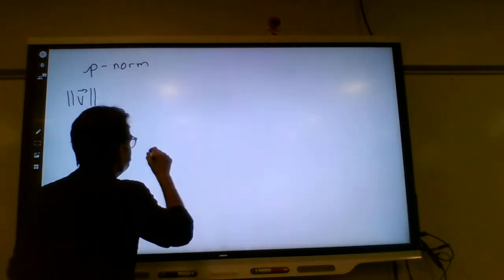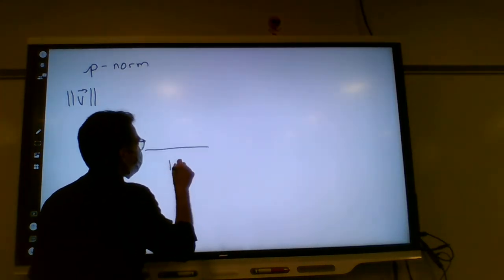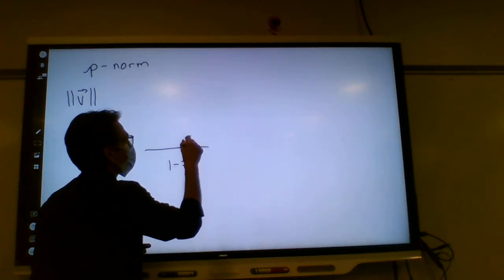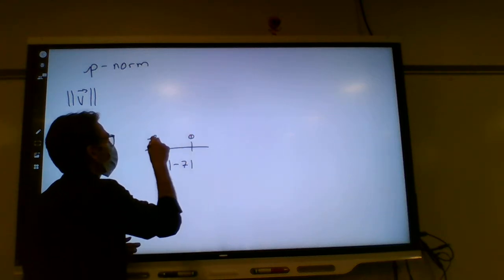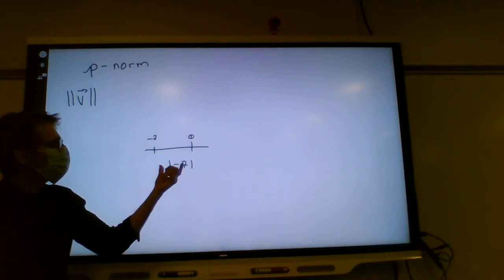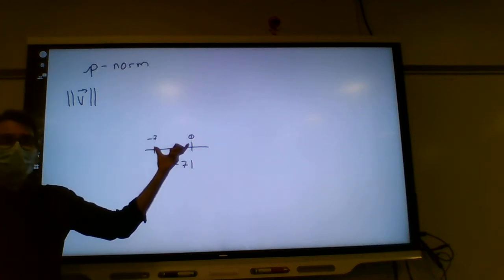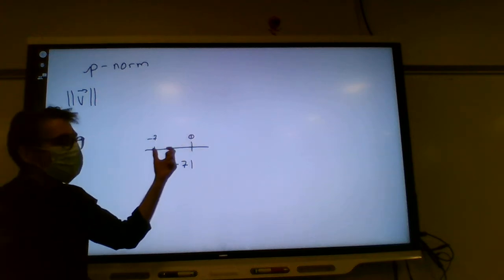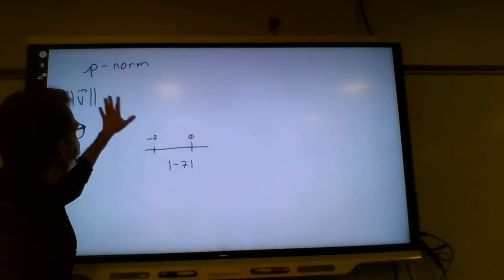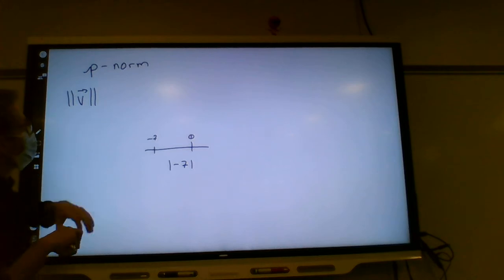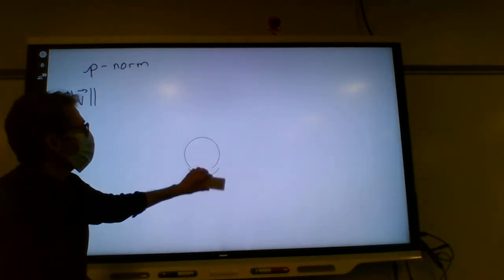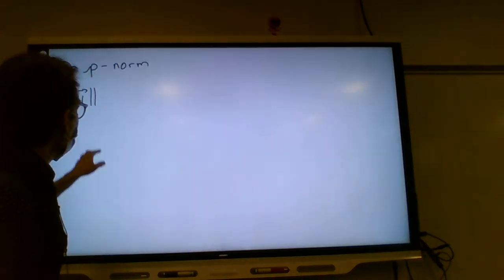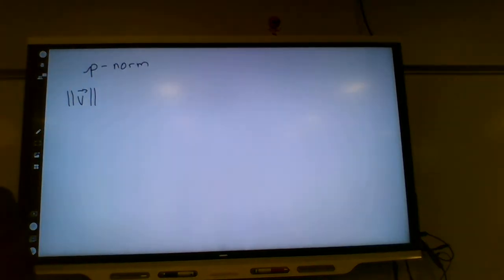So when we think about absolute value of -7, what are we thinking about? Here's 0, say over here is -7. Absolute value of -7 is the distance from 0 of the thing we're talking about. And since the same kind of idea is going on, we're thinking of the length of the vector, we use 2 bars just to emphasize that it's a vector.